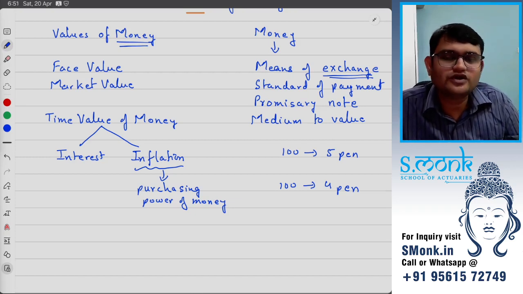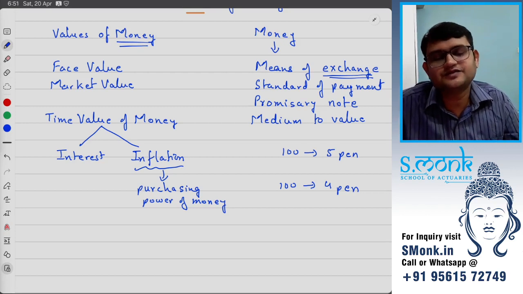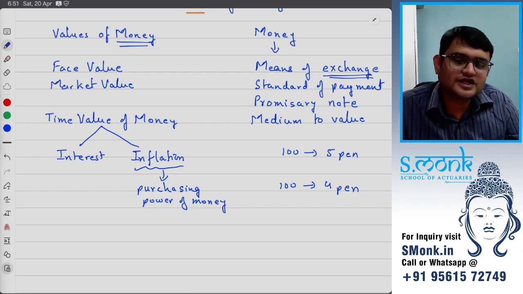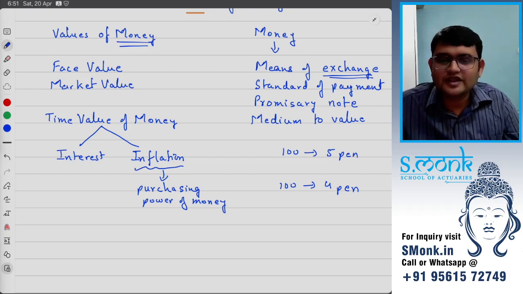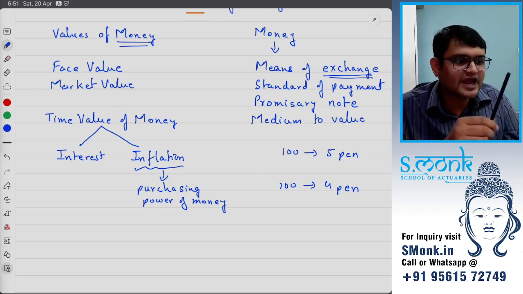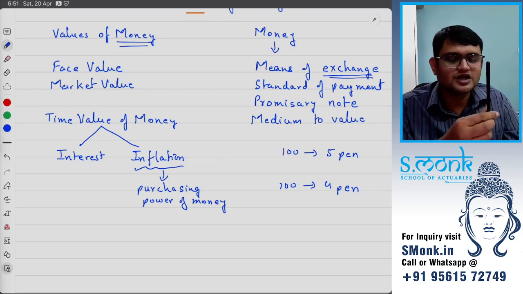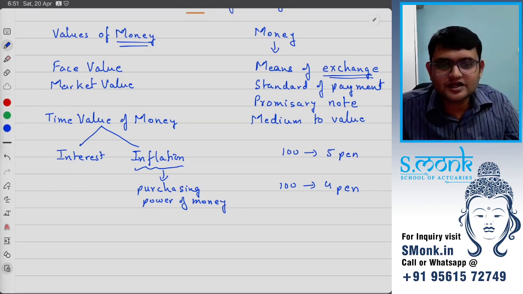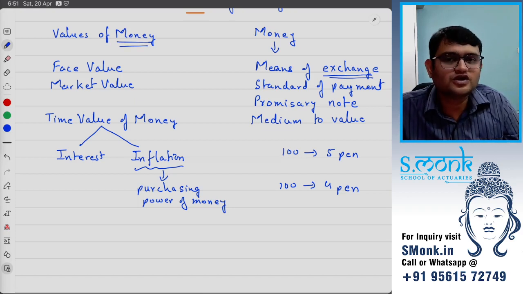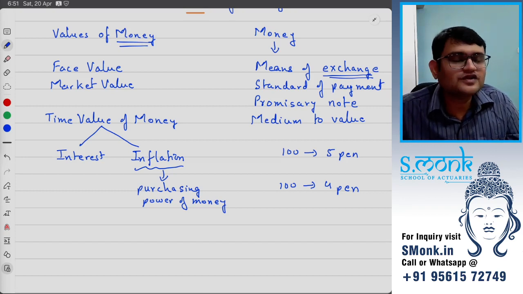Usually we say inflation is an increase in prices, but actually inflation does not increase the value of that pen. Let's say I had a pen of 20 rupees, the same refill, the same ink, the same material, everything exactly the same. Then the value of the pen did not change, but the prices have increased.